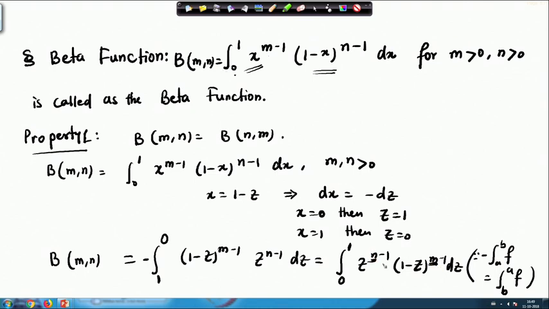So, this is nothing but the definition of beta nm, because the indices are switched. This shows that beta mn equals beta nm for all m and n positive. So, the first property is taken care of.